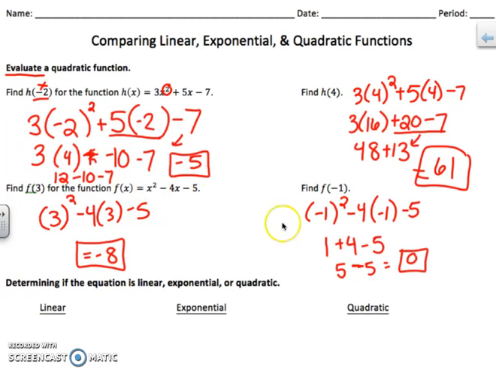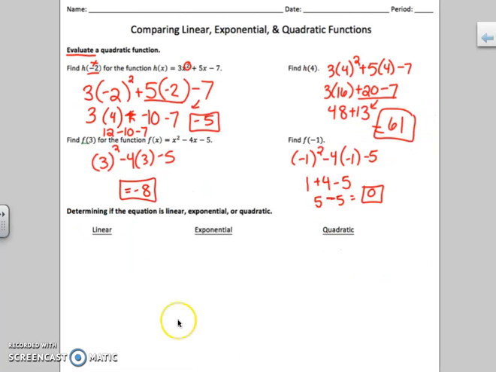So since it wanted x squared, you go ahead and put (-1) squared, -4 times -1 minus a 5. I did mental math. (-1) squared is 1, and then -4 times -1 was +4, and I brought down -5. I ended up getting 5 minus 5, which was 0. Okay, so that's a little refresher on how to substitute in for some quadratic equations.